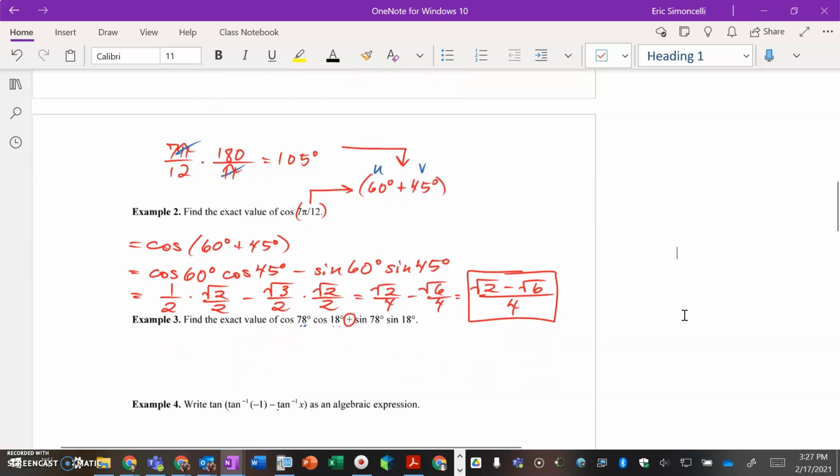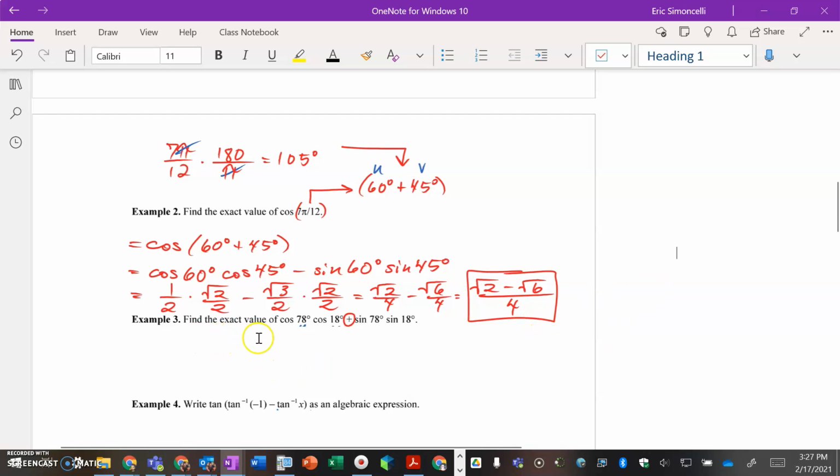Yet again, I urge you to check your answer by typing in cosine of 7 pi over 12 on your calculators. If you're in radians, or if you're in degrees, 105 degrees, when you do the cosine of which, you should get this decimal regardless if you're in radians or degrees for that angle. And the decimal is in fact that. Make sure you leave your answer, however, in exact value form.